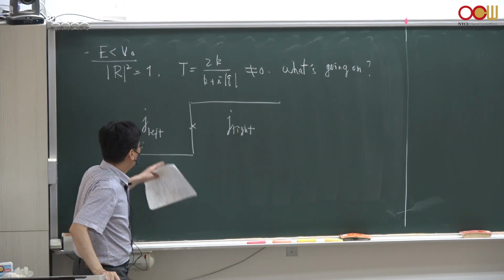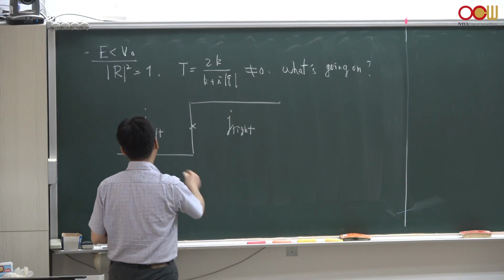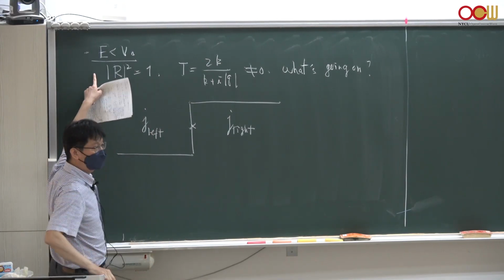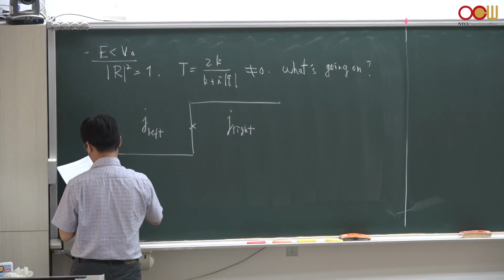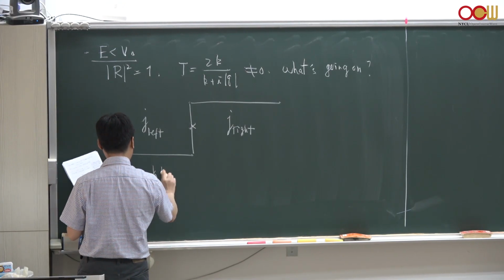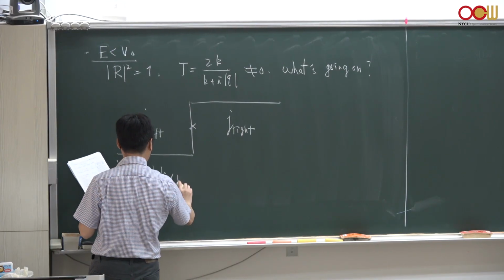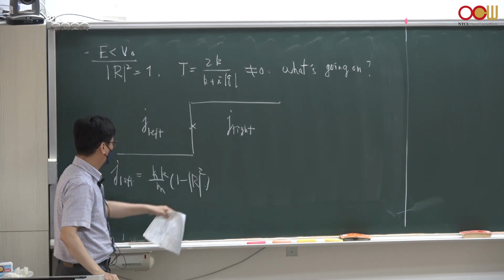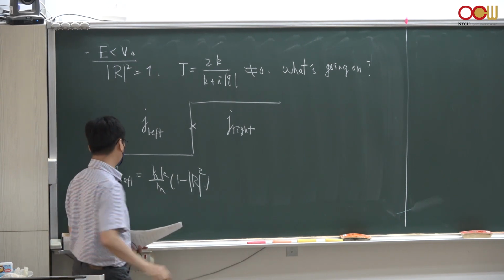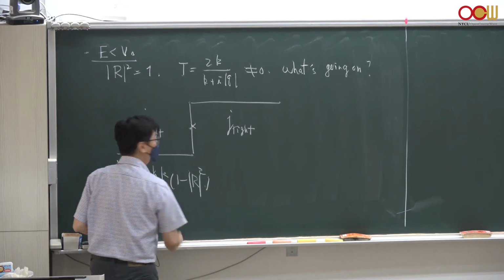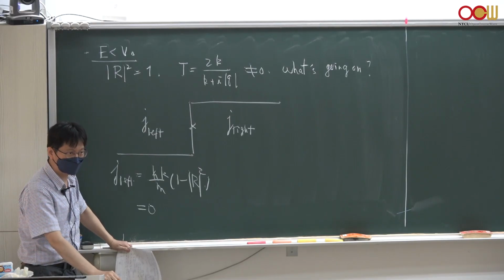So let's look at this flux on the left-hand side. In this total reflection region, you get J left, which is h bar k over m times 1 minus R squared. Since capital R squared is 1, you get 1 minus 1, which is 0. So you get 0 total flux on the left, right?